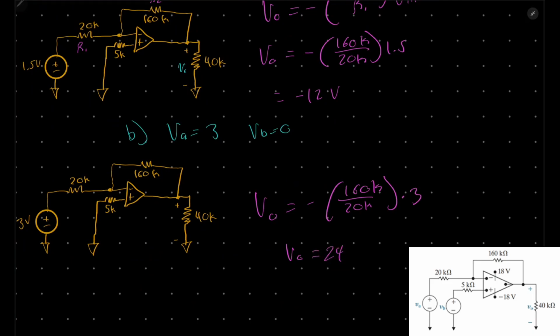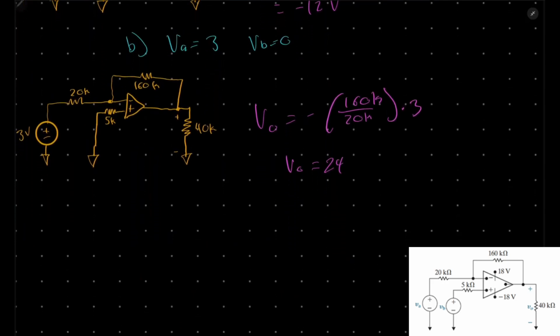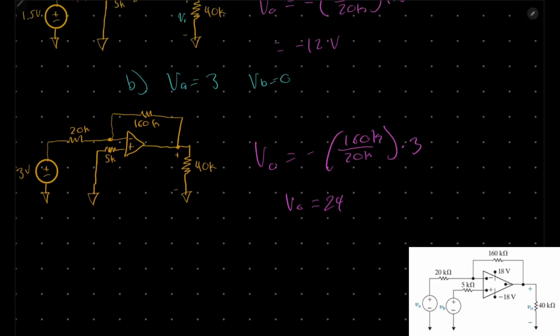24. But let's look at our op amp and see that it is receiving positive 18 volts and negative 18 volts.